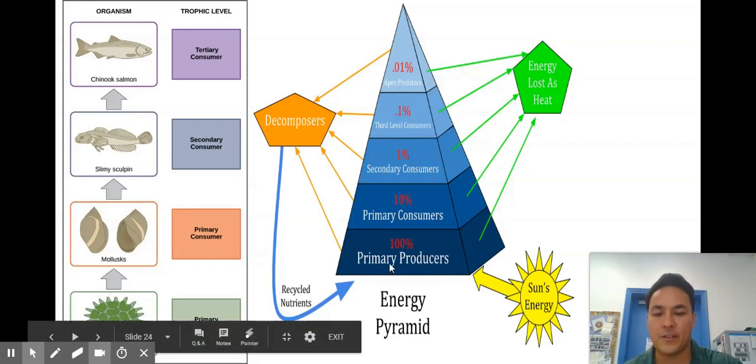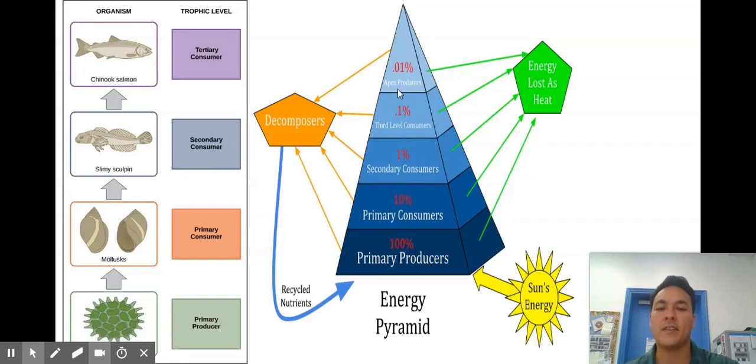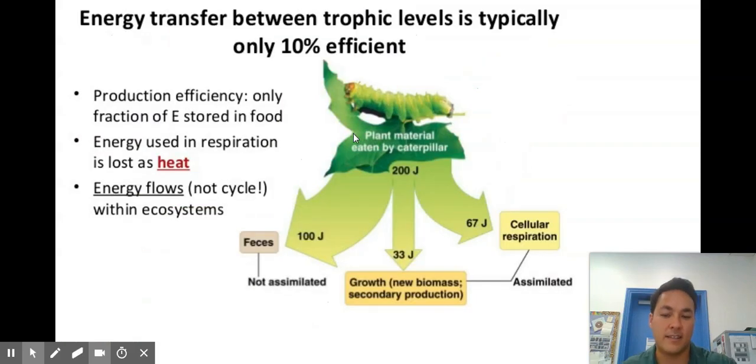And what this pyramid's showing is that only 10% of the energy is transferred as you go from each level. Right? Where does that energy go? Well, it's lost as heat, it's lost as feces, and some of it isn't eaten. Right? If you make bones, you're probably not going to eat a chicken bone. You would eat the chicken meat, so it can get lost as well.